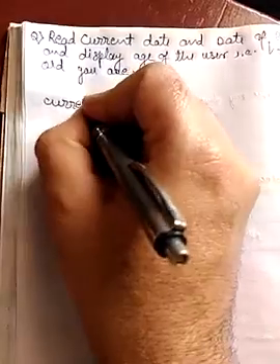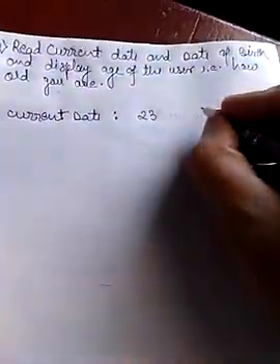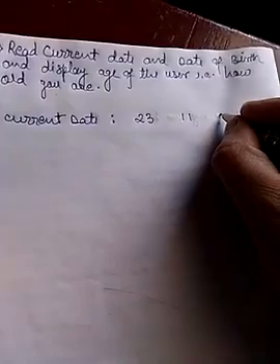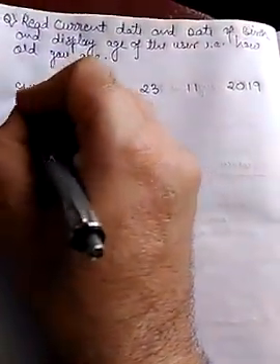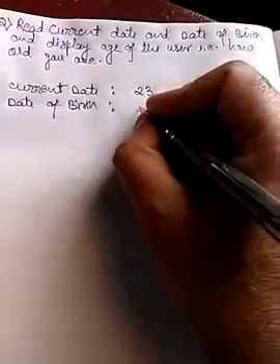For example, let us take current date as 23/11/2019 and date of birth as 12/5/2006.